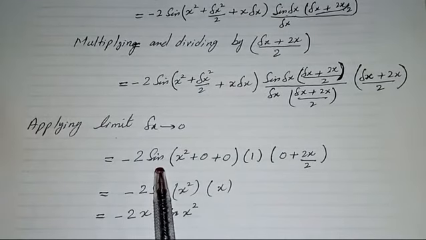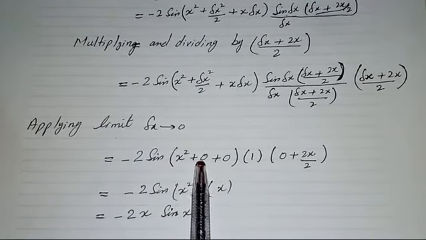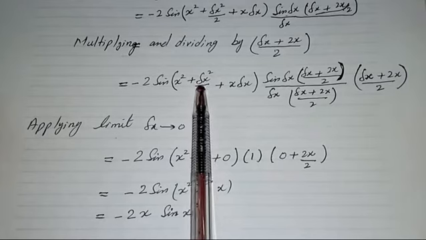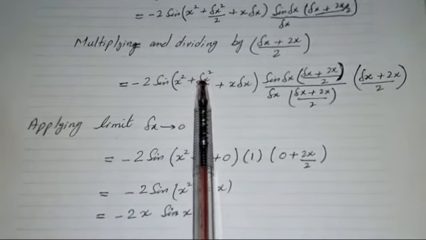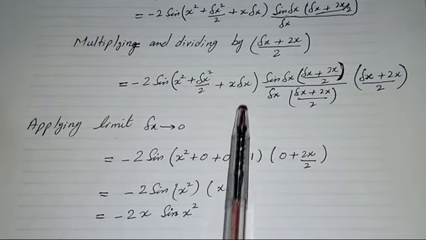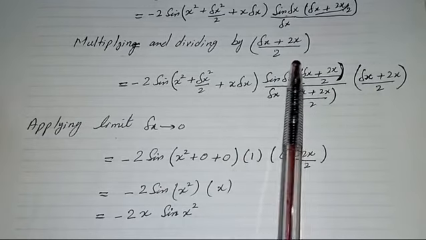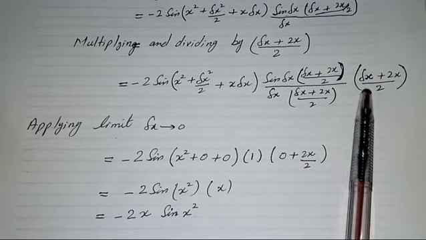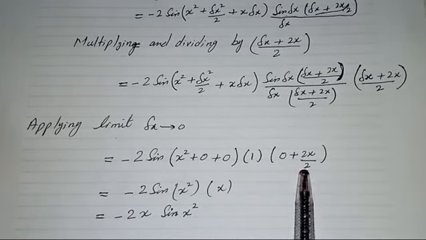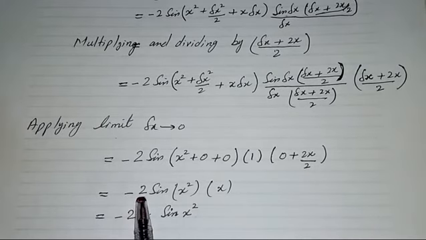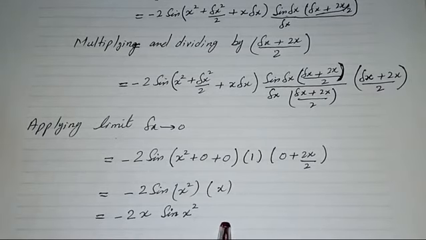So now minus 2 sin x square plus 0, in place of delta x 0, as delta x tends to 0, while this complete term tends to 1, delta x 0, 2x over 2 written here. 2 cancel out, minus 2 sin x square and left behind x. So it can be written as minus 2x sin x square. So this is our required derivative, required answer.